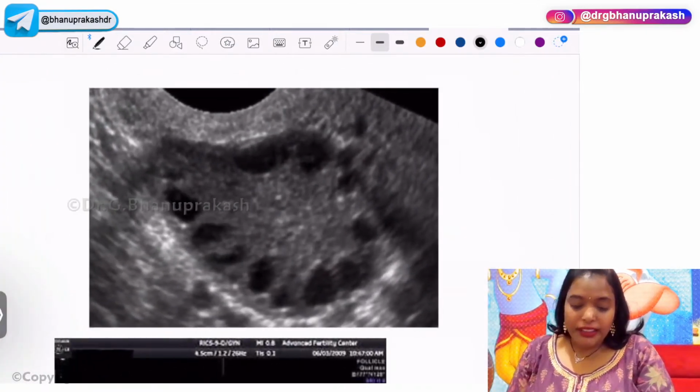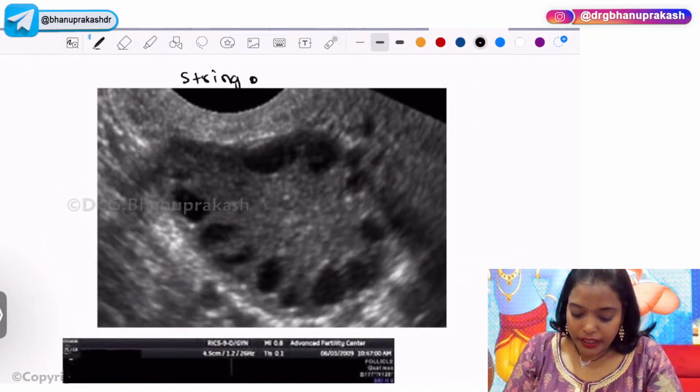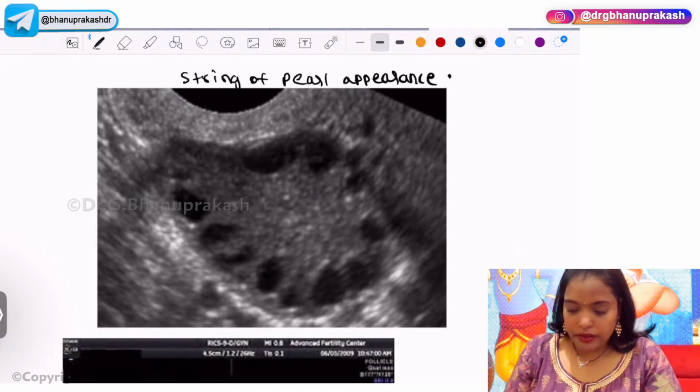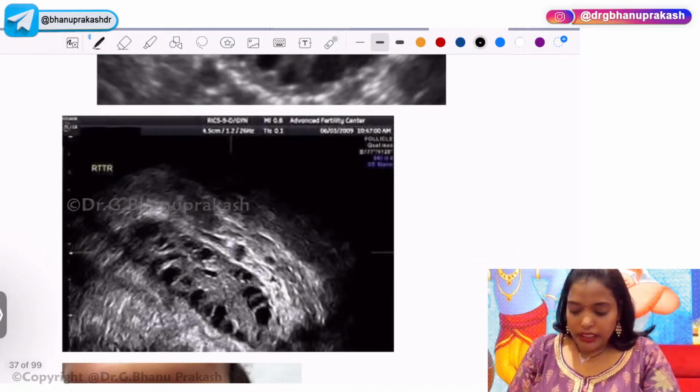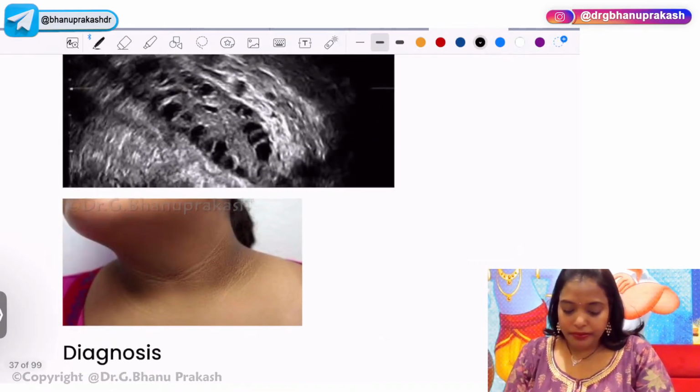What is this appearance on the ovary? This is called string of pearl appearance. String of pearl appearance. What is this, guys?